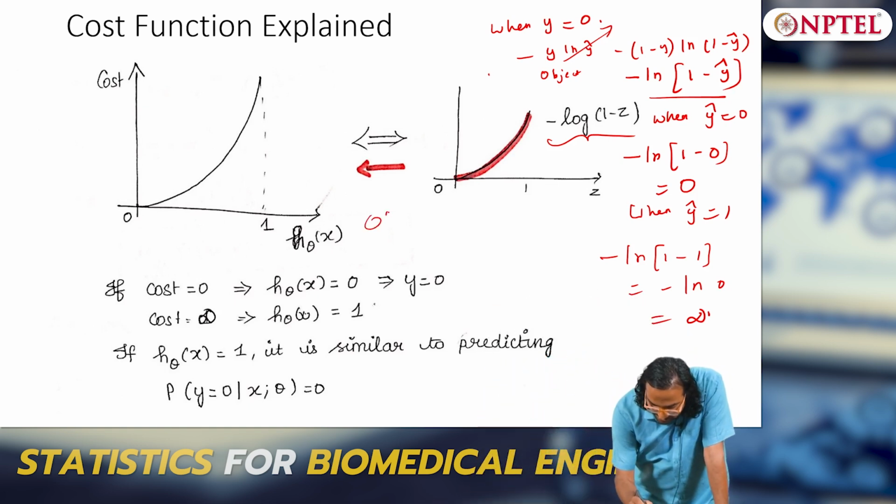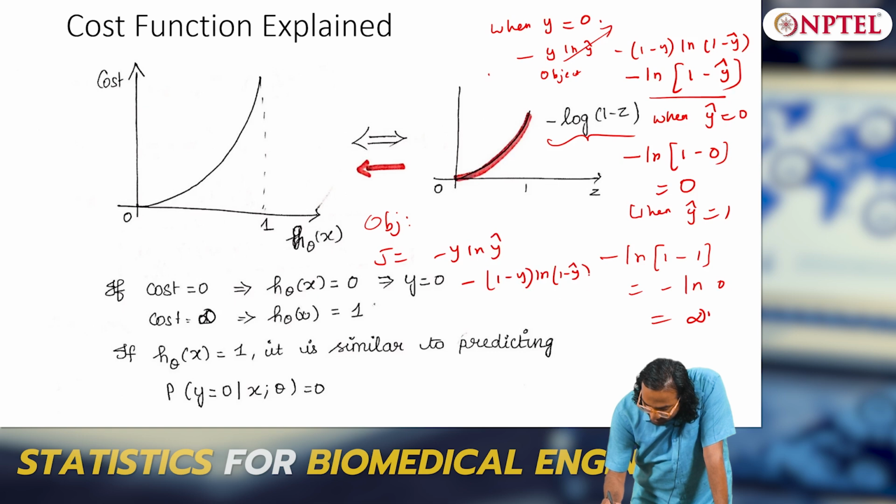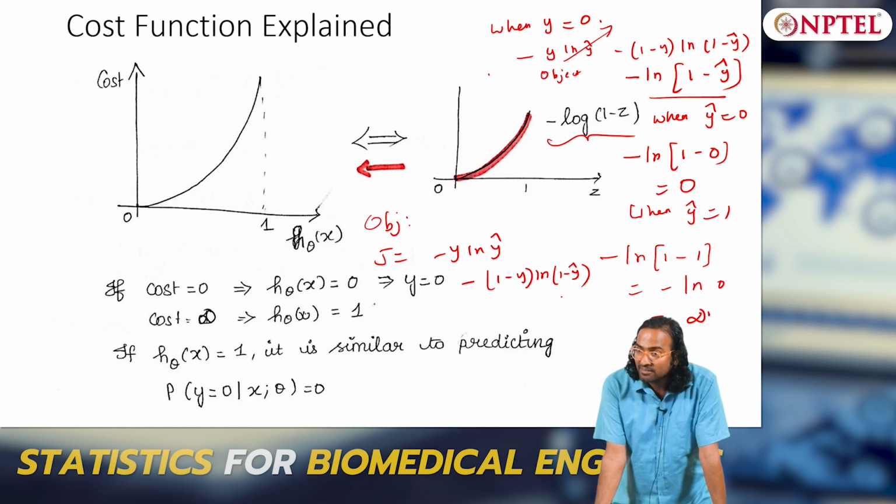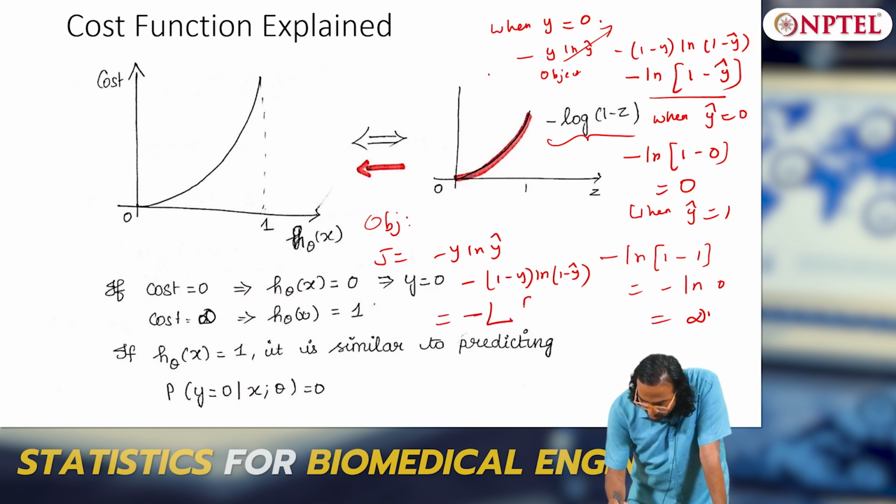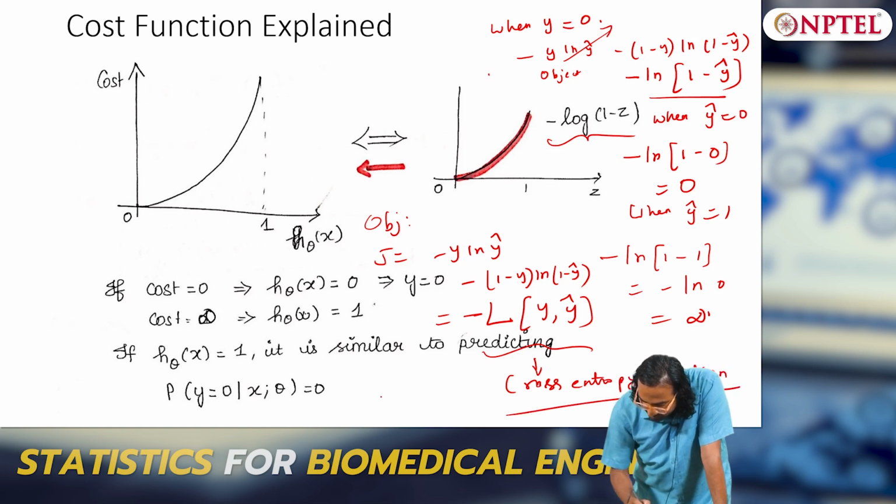So now my objective function J is minus y ln y hat minus (1 minus y) ln(1 minus y hat), and this is shortly written as minus ln of y comma y hat. This is my cross entropy function, or likelihood function.